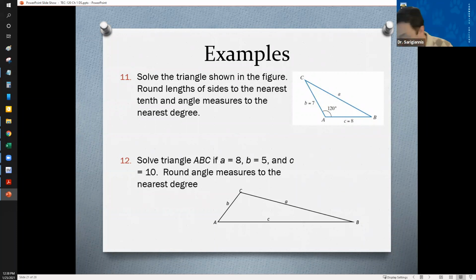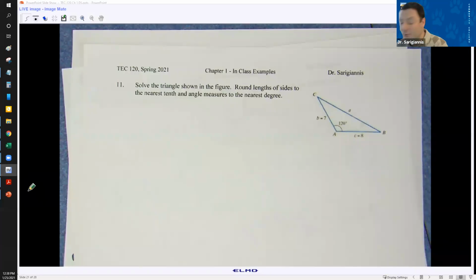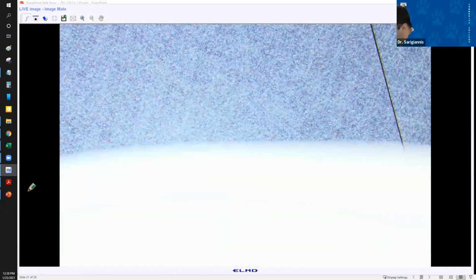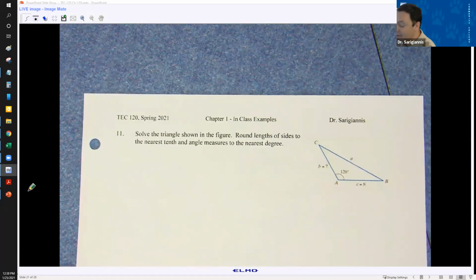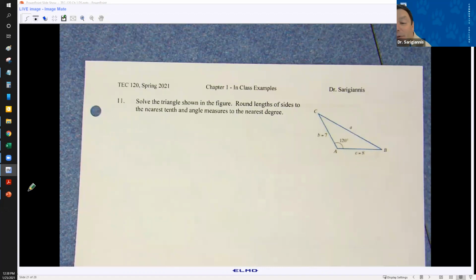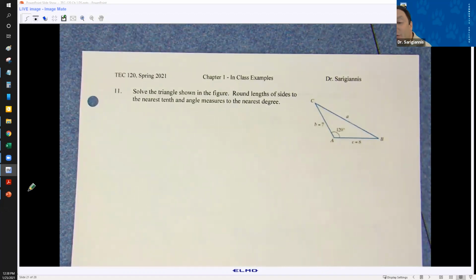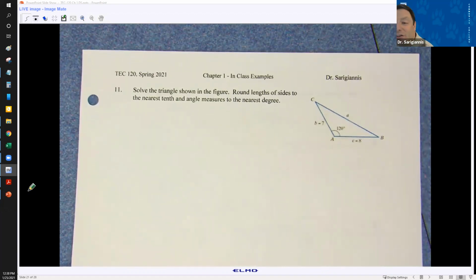So let's go ahead and do this example. What is this, number 11? Where did I put number 11? Here it is. We're going to round to the nearest tenth and angle measurements to the nearest degree. So we can solve all the sides.